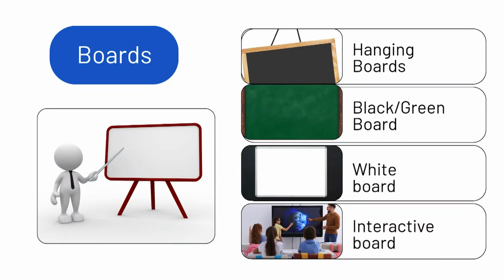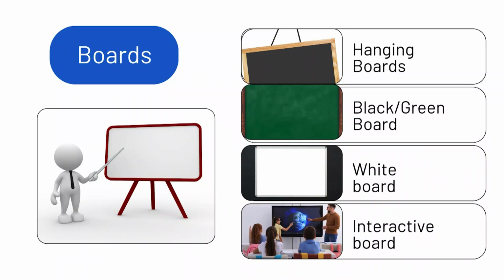Operation Blackboard almost made this kind of hanging board available to the teachers of all parts of the country. This was replaced with blackboards. These blackboards are part of the wall that was colored black, and teachers would use white chalks to write on that.